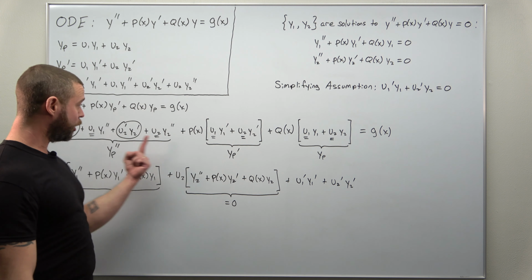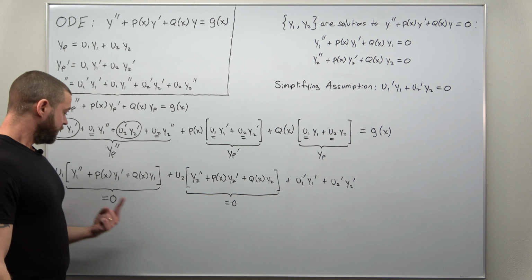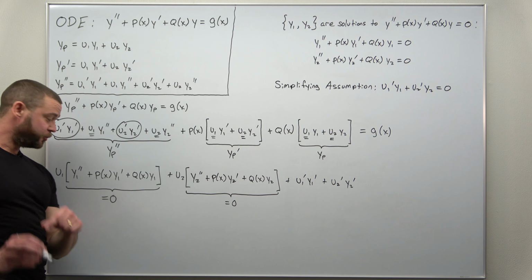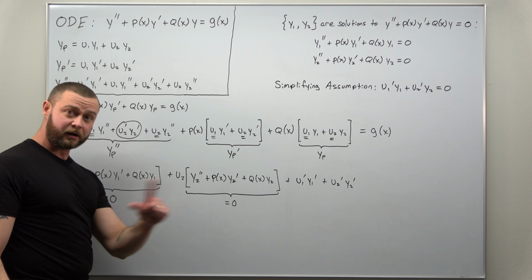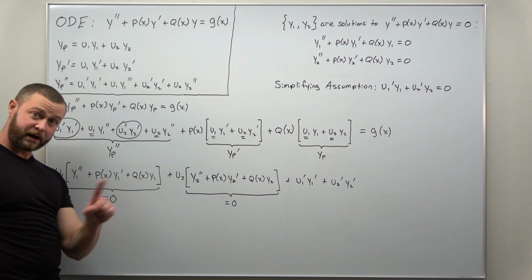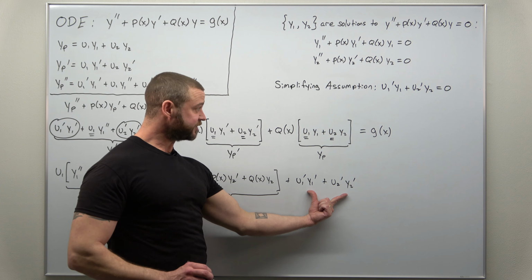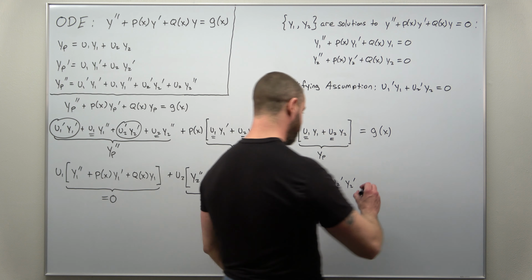And that should account for all the terms on the left. Most of them get grouped by factoring u1 and u2 out, and then the part in the brackets becomes 0, assuming y1 and y2 are solutions. This is what's left, the terms from the left side. That should equal g of x.